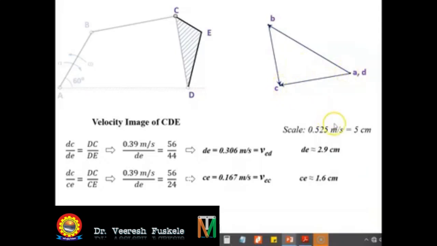Now using these lengths, we can draw the velocity triangle of the ternary link, or the velocity image of the ternary link, using the compass. So we take the length DE, that is 2.9 centimeter, on the compass and place it on point D and draw an arc like this. Similarly, we take the length of 1.6 centimeter on the compass and place it on point C and draw an arc like this.